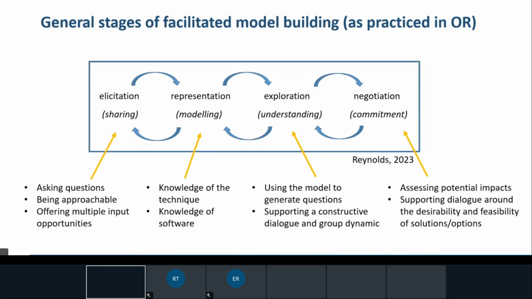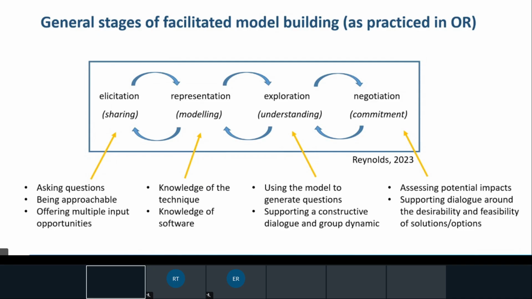We are trying to get them to share. So that means we need to be careful about how we ask questions. We want always to be approachable. And ideally, we want to be offering multiple input opportunities for any people that are in any way feeling anxious about participating. Perhaps they don't trust us yet. Offering multiple opportunities can be helpful.